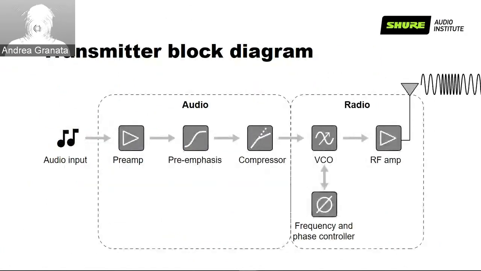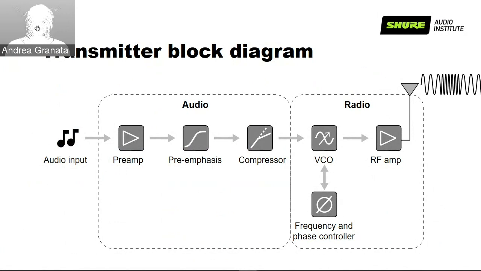So first of all, as we said, we have a preamplifier. In some of the analog devices, we have control on this preamplifier. Then we have an emphasis EQ that is giving a boost at the high frequencies. Then we have a compressor. Of course, we have different types of compression, and we may see in more detail how they work at a later stage.